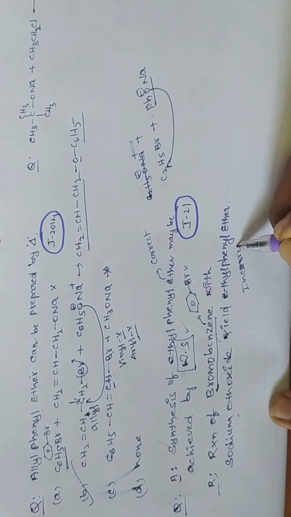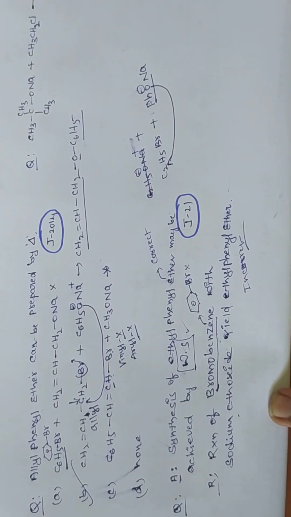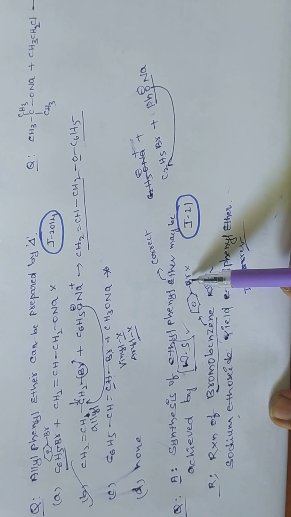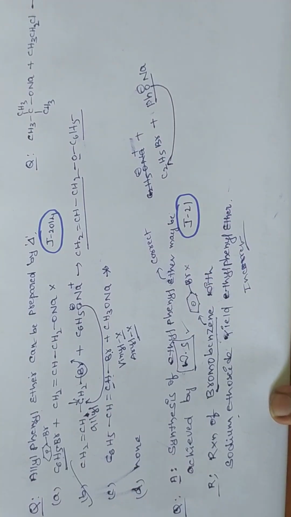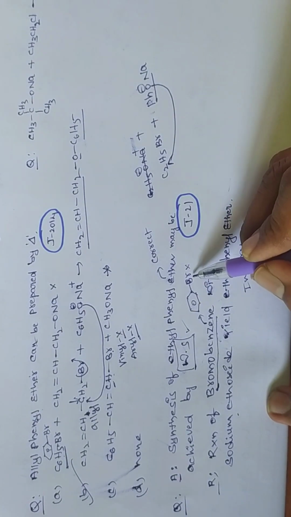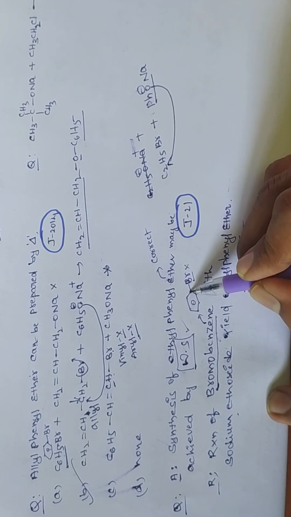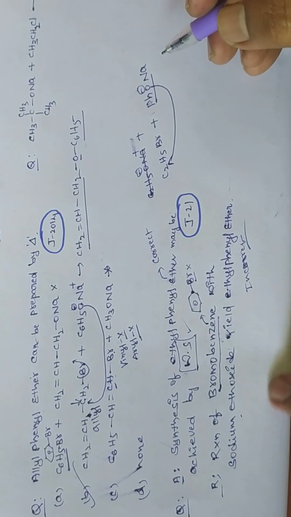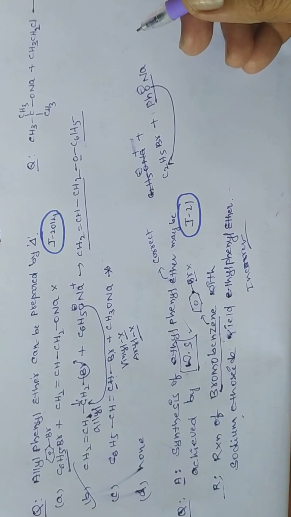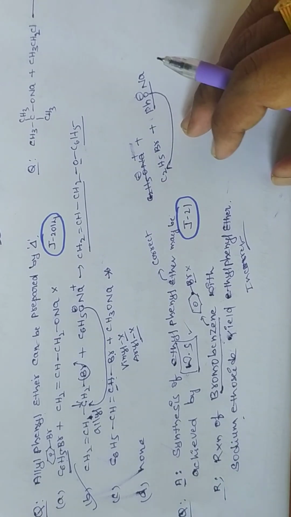I gave tips: aryl halides in the absence of electron withdrawing groups cannot undergo nucleophilic substitution reaction because the halogen is attached to an sp2 carbon. Halogen directly attached to the benzene ring won't undergo nucleophilic substitution reactions in the absence of electron withdrawing groups.